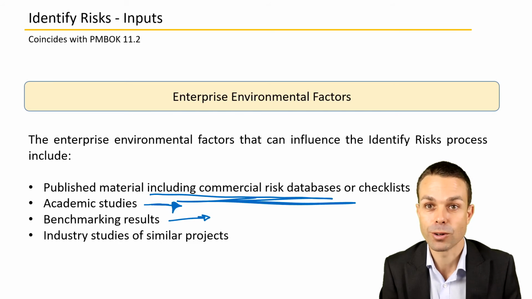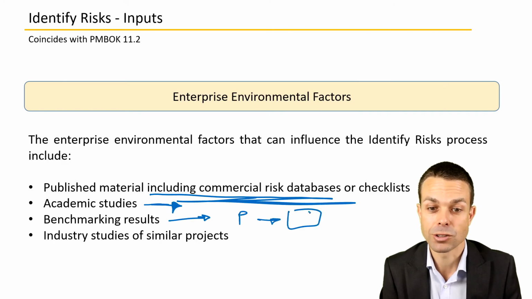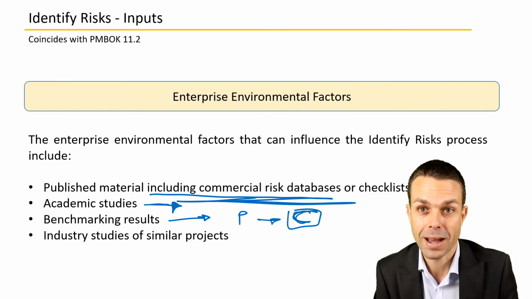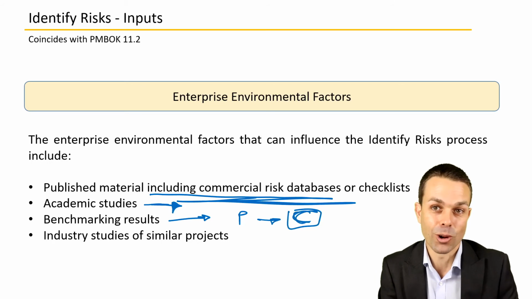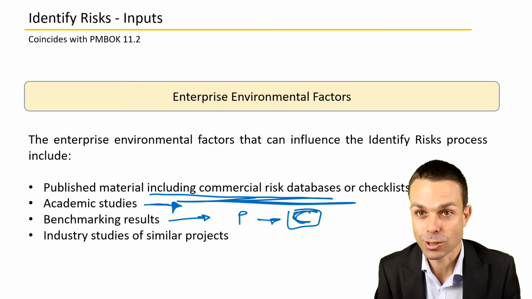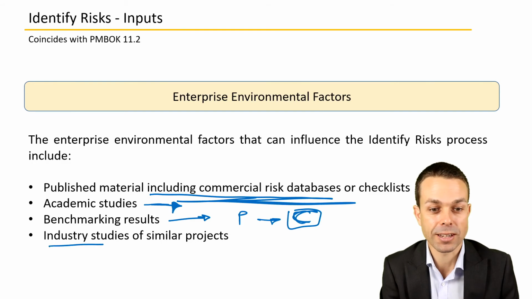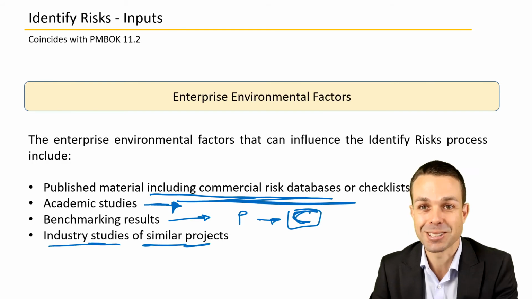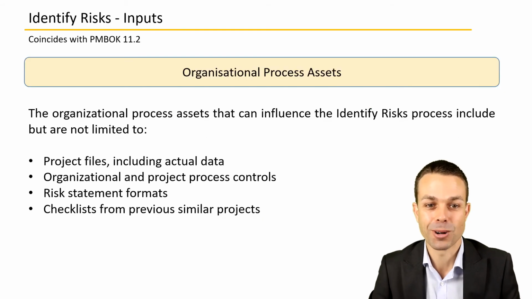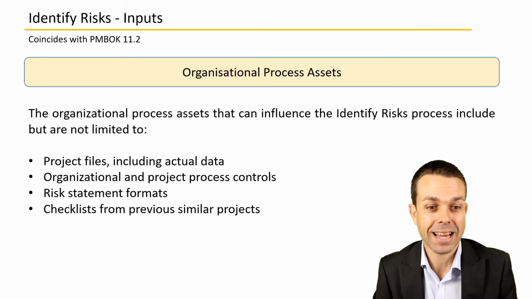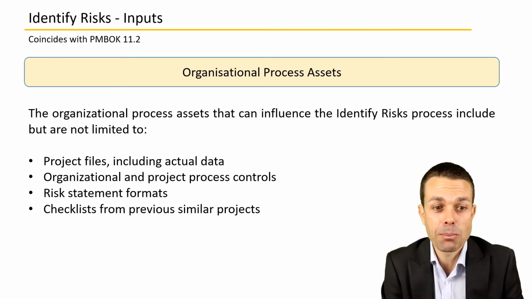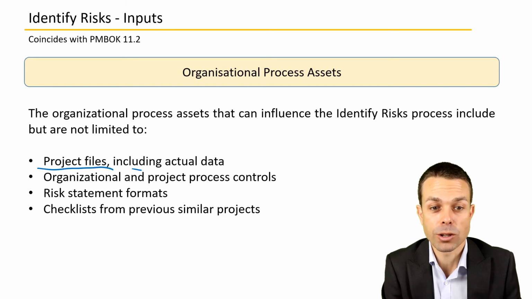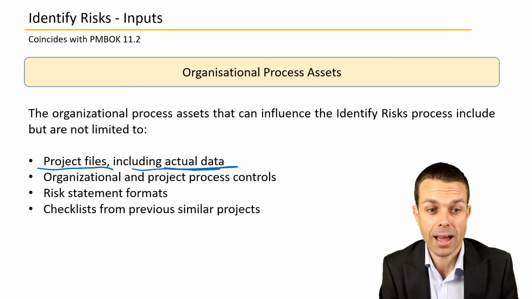Benchmarking results from other companies, maybe similar processes or projects, but from other companies. And so we don't have to go through all of the pain of those lessons. We can actually learn those lessons from the benchmarking results. And industry studies or similar projects, lessons learned, our typical lessons learned register. Organizational process assets, of course, will be our templates, project files, including any actual data that we have.